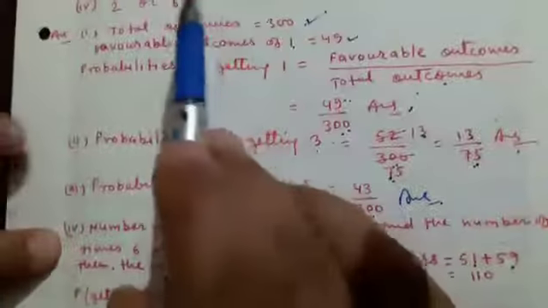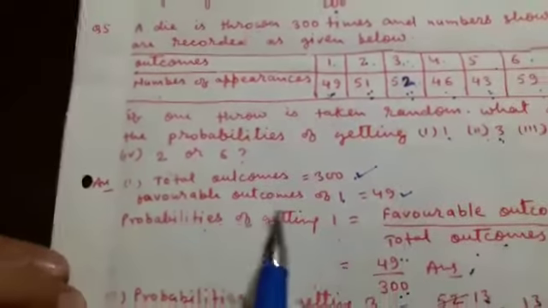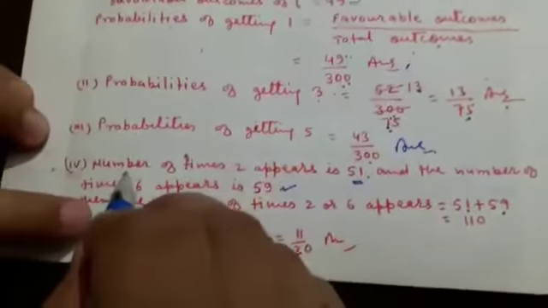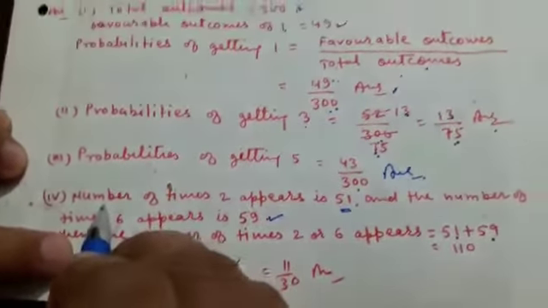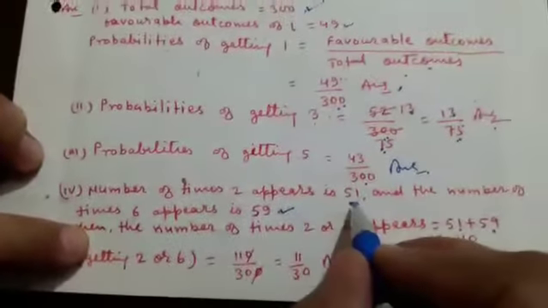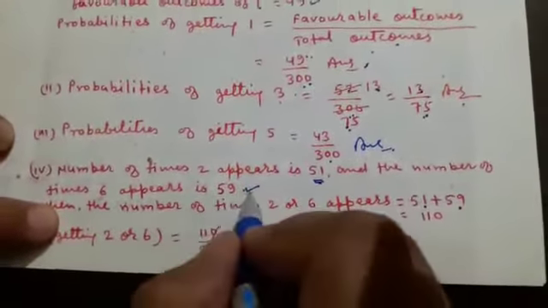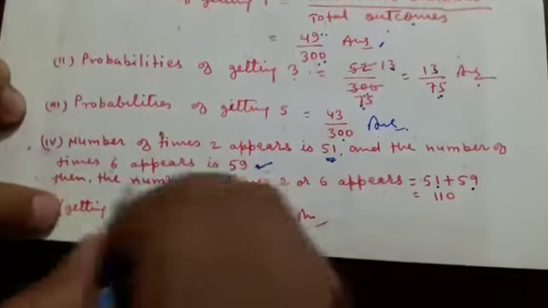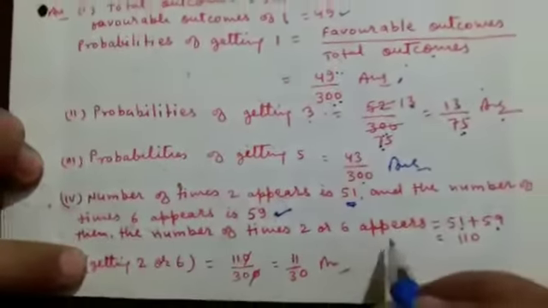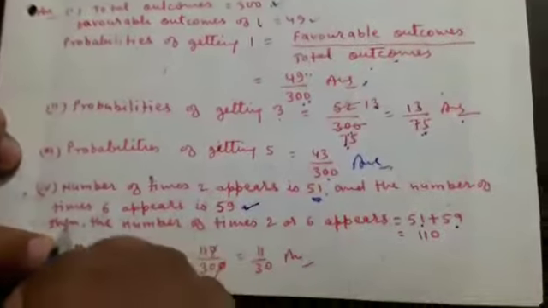In next part, fourth part, we have to find out the probability of getting 2 or 6. Children, in this type of questions, you have to see carefully. First we will find out the number of times 2 appears, 51, and the number of times 6 appears, that is 59. Then we will add both these numbers.